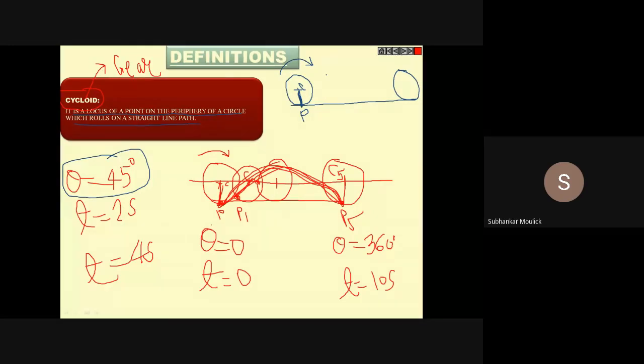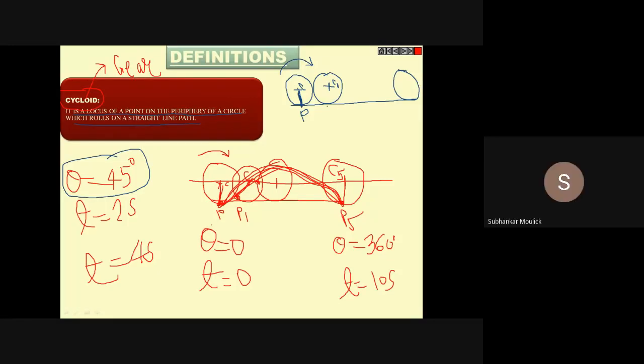Then this will be the position of the circle. Yes or no? Yes, sir. This is the position of the circle, and this is the new center point of the circle, C1. If this is C, this is the center point C1. Yes or no? Yes, sir.